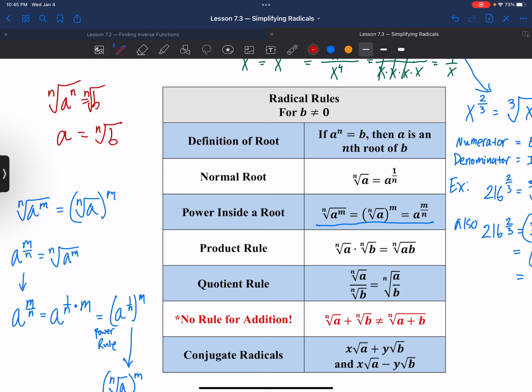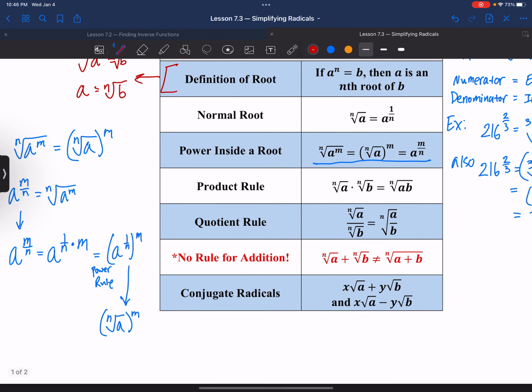Yeah? In fact, I'll rewrite that just so I have that here. Definition of root. If I say a to the n equals b, then I take the nth root on both sides. Therefore, a equals the nth root of b. So do you see how a is an nth root of b? It literally says it right here. A equals nth root of b. Yeah? Okay.